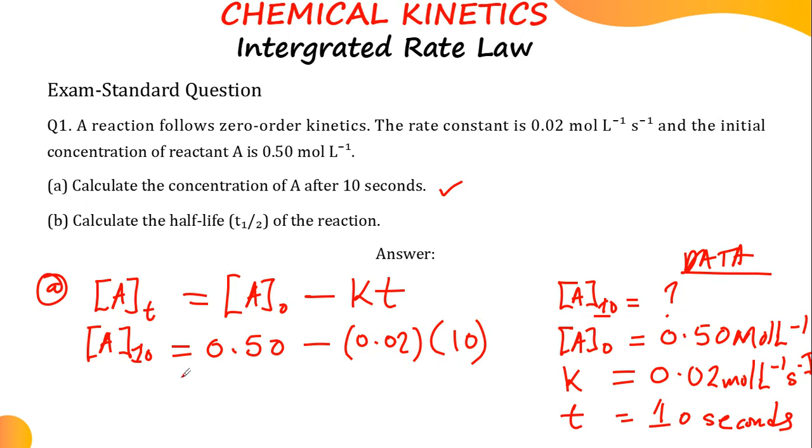Then let's do this. 0.5 minus, what is 0.02 multiplied by 10? 0.2. You just move the decimal. You guys, if you used to dodge the time you are learning these decimals, you can have challenges. Then when you subtract, what are you getting? 0.5 minus 0.2, what are you getting? 0.3. Now this is concentration. What will be the unit?